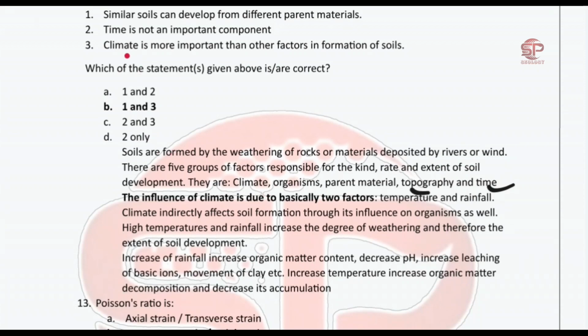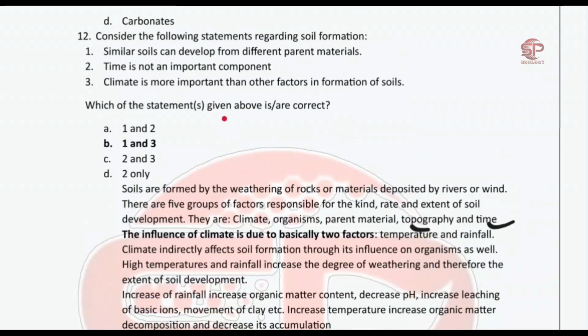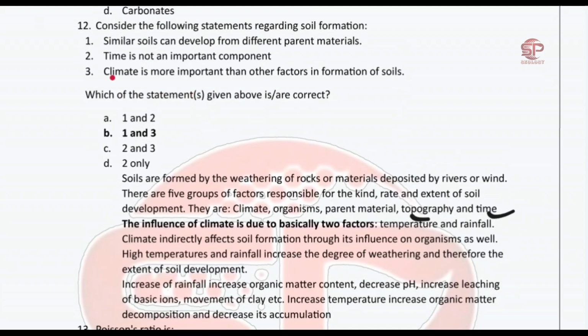Because climate affects the primary thing, the disintegration of rock, it is an important factor for formation of soil. So options 1 and 3 will be correct. So it will be answer B.